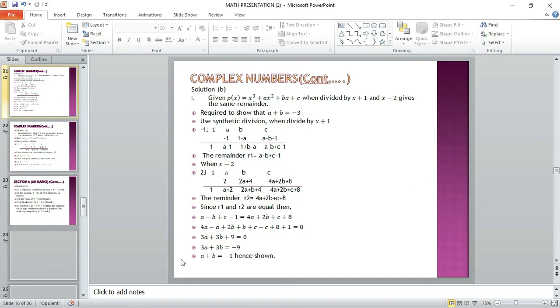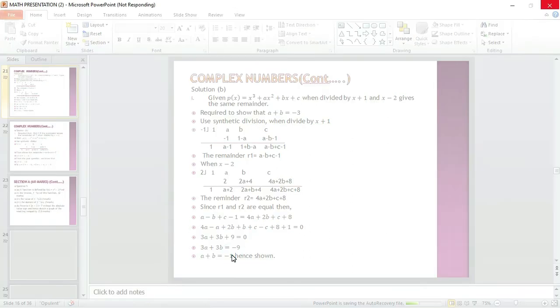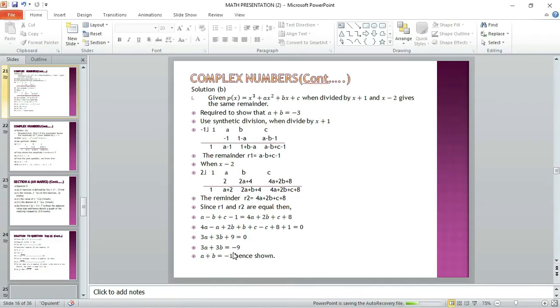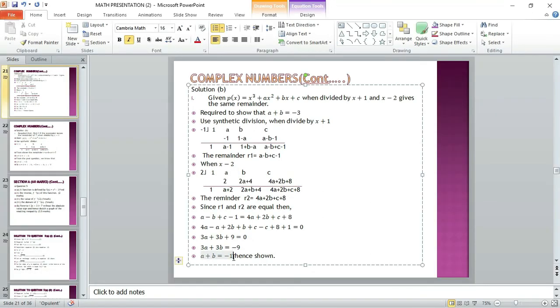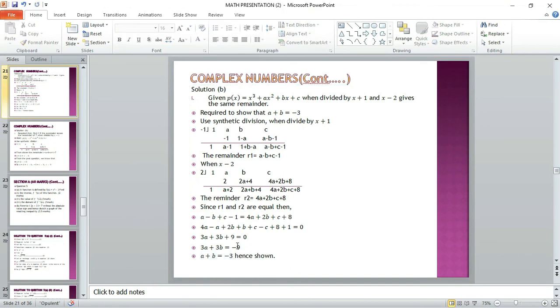This is going to be equal to negative 3, sorry. This equation divided by 3 is equal to negative 3, not 1. Yeah, that's going to be a typing error, sorry. So it's going to be negative 3. Okay, that's it, and we carry on like that. So hence shown.